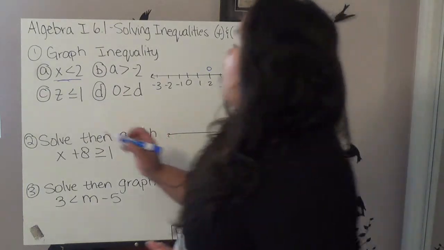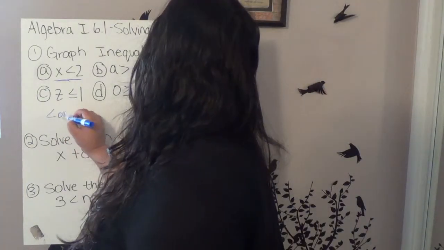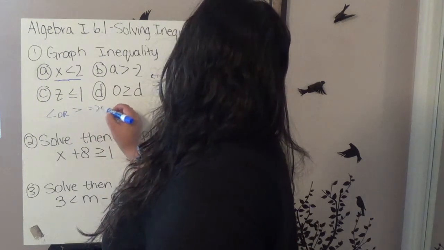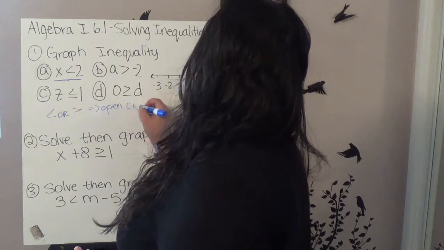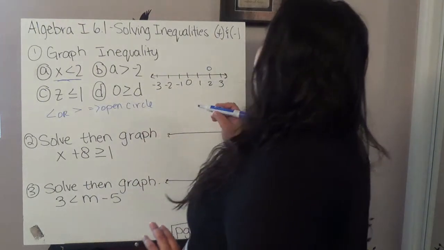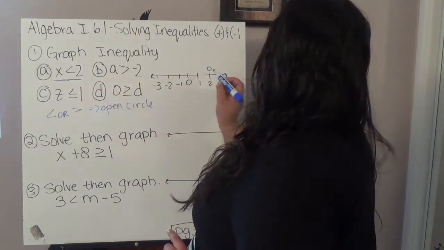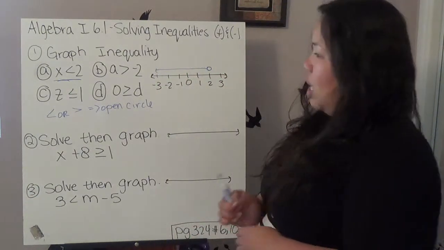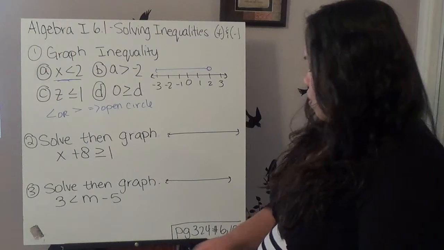So with less than or greater than, I put an open circle. And because it's less than, I'm going to do all numbers less than 2. And that's for the first one.